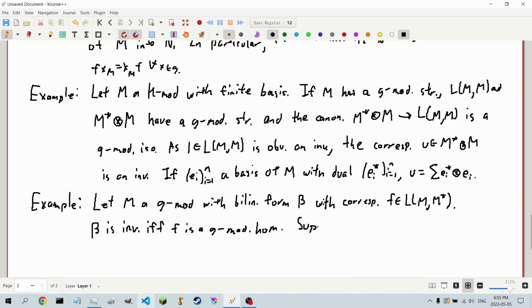Now suppose K is a field and that the K dimension of M is finite.